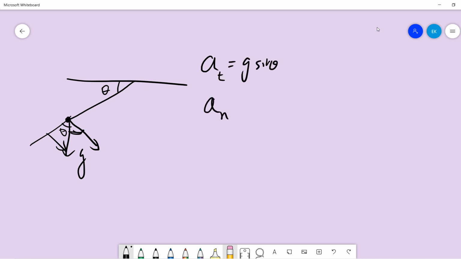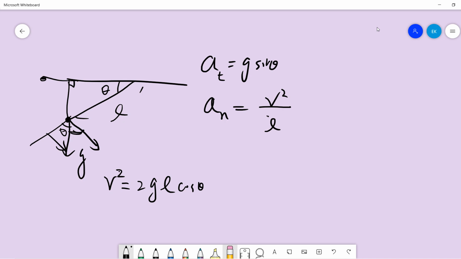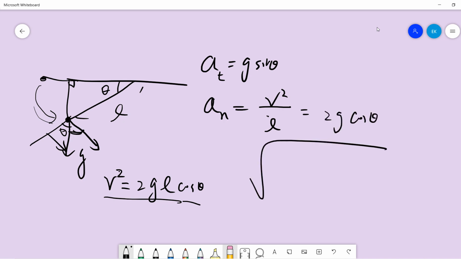And you also have a normal acceleration, which is v squared over L. And v squared can be computed by energy conservation. So v squared is basically 2gL times cosine. The reason is that the change of the gravitational potential becomes half m v squared. So basically, this is 2g cosine.